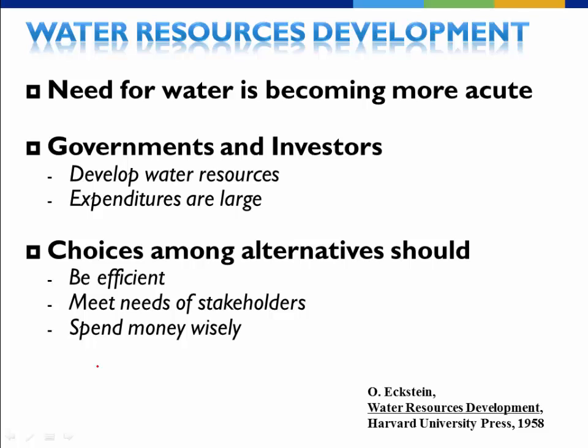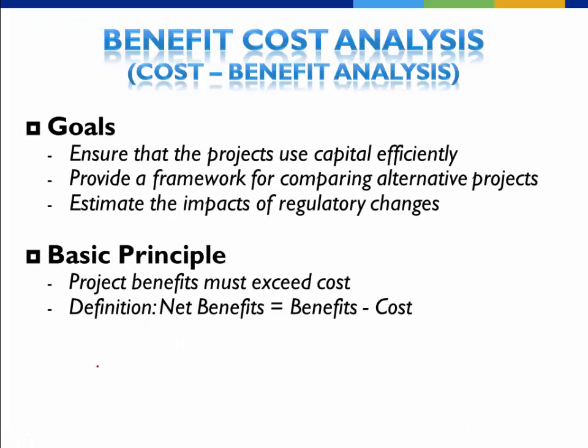We have governments and investors who develop water resources, and the expenditures are large. So you have to choose among different alternatives, and the money that you are planning to invest should be used efficiently. It should meet the needs of stakeholders and be spent wisely.